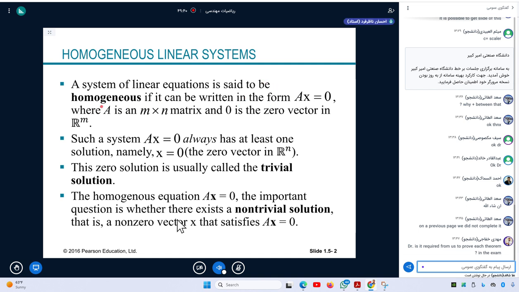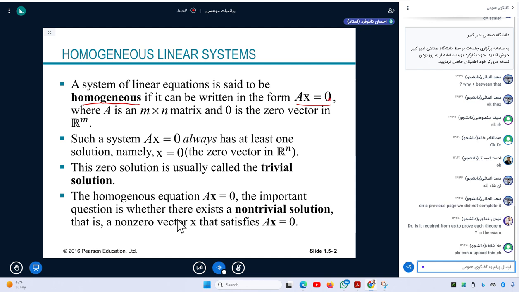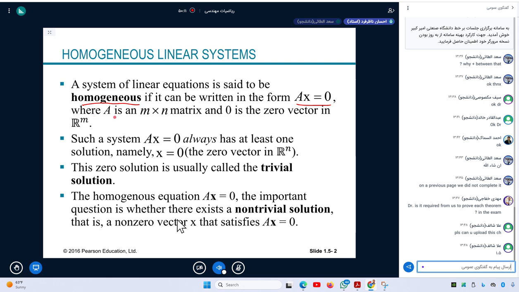This is very important to know: a system of linear equations is said to be homogeneous if it can be written in the form Ax equals 0. So the right side has to be 0, not any other number. If we can write it down like this, it is called a homogeneous system.